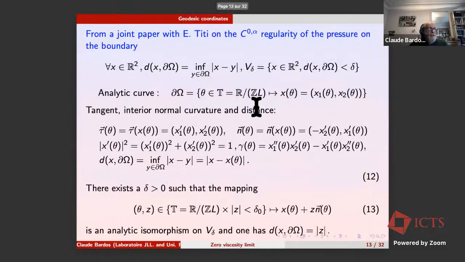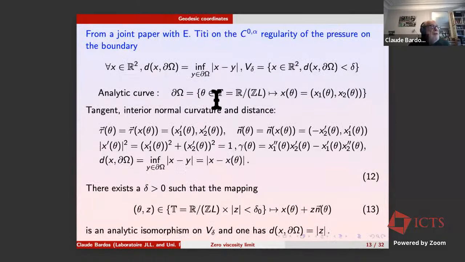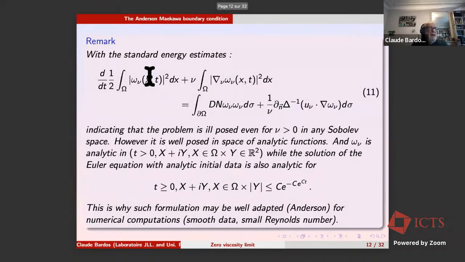But it's clear that it is a problem with a boundary condition which is well posed locally in time in the class of very smooth solutions, because you can balance the bad behavior of the right-hand side by the good sign of the boundary effect when it's not the no-slip boundary condition, and then you can prove that it is well posed in the analytic setting.